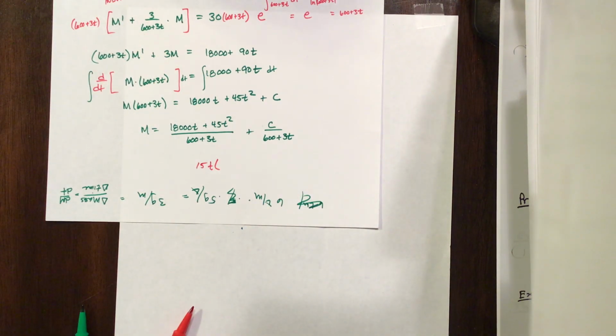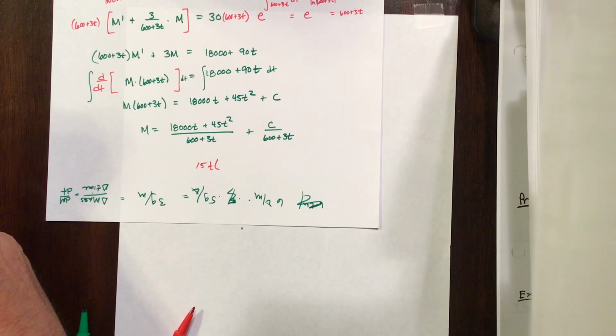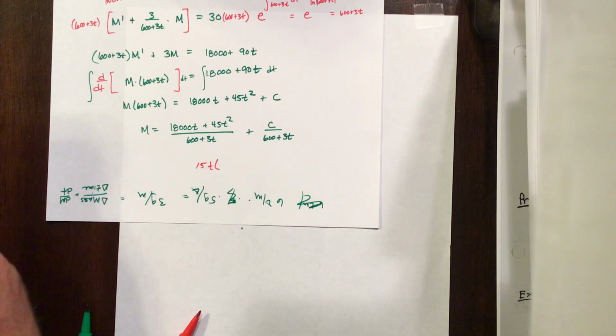If I were to divide 18,000 by 15, I got that to be 1,200. Oh, bummer. Make sure I did all my computations right. Oops. 30 times 600 is 18,000. All right, everything looks fine. I was hoping that I could get some sort of cancellation, but it didn't work.